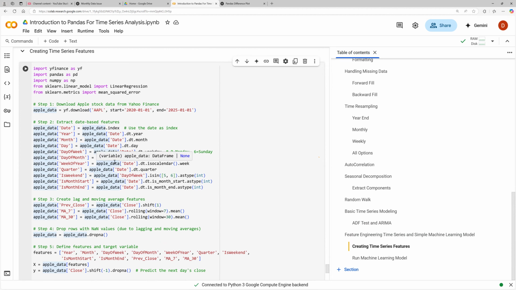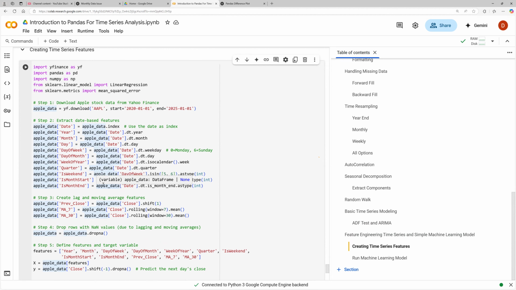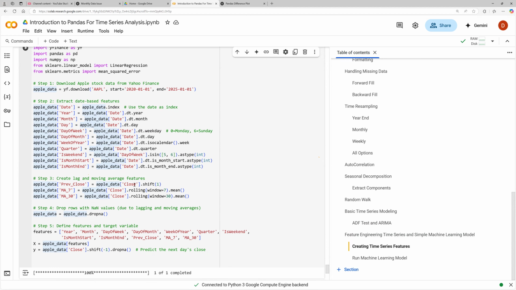These are all time series features that we could use to predict how well our target variable would be looking, okay? And then we could create lag variables, which I mentioned previously with a shift of one, and moving averages, okay? That could be predictive, say a 7-day and 30-day.